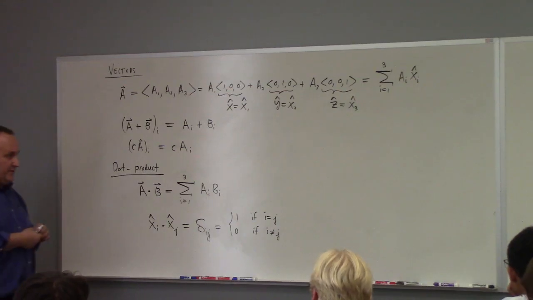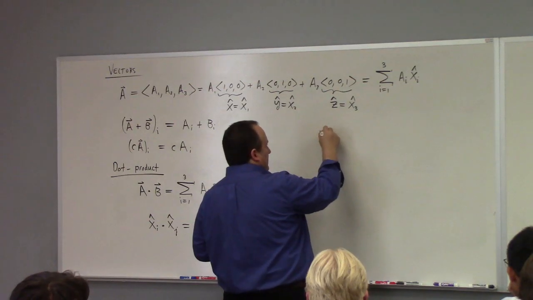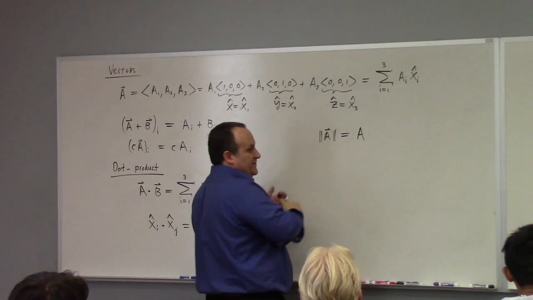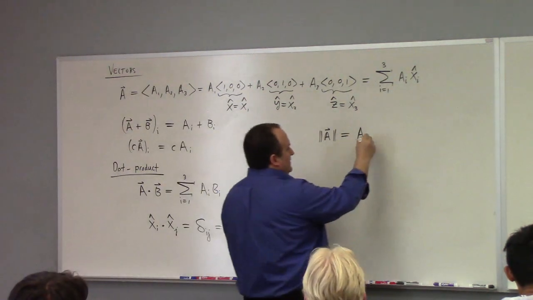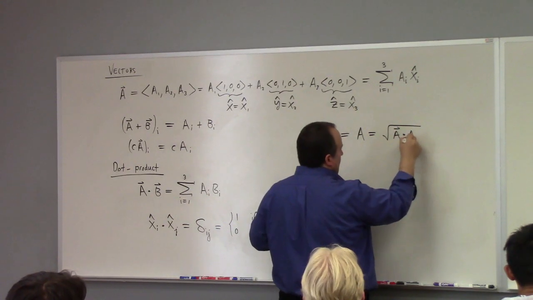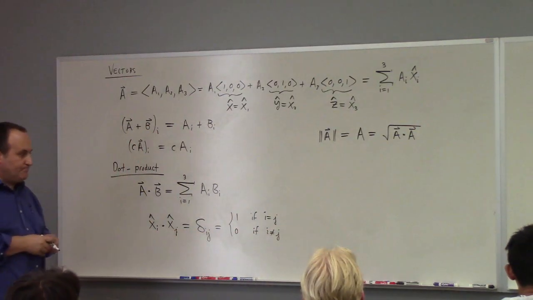What's the length of a vector? As you guys know, we just take the vector and drop the vector symbol for the magnitude. In terms of the dot product, this is naturally defined to be the square root of A dot A. So that's how we can write magnitude in terms of dot products.